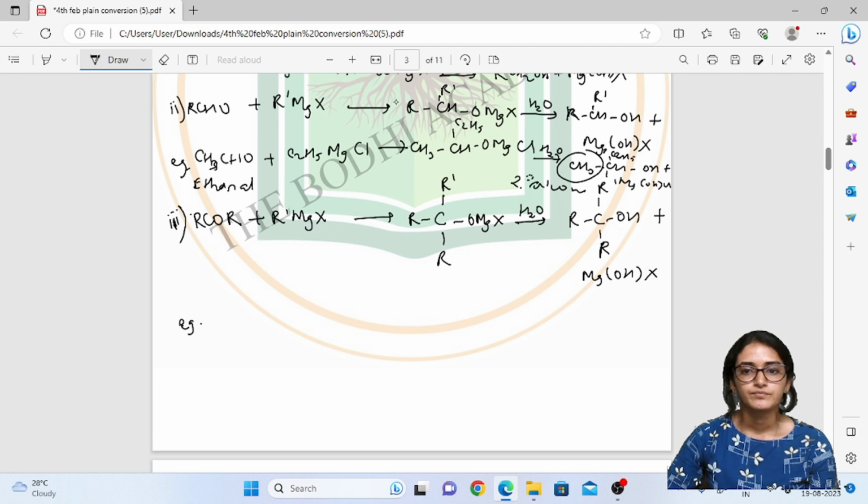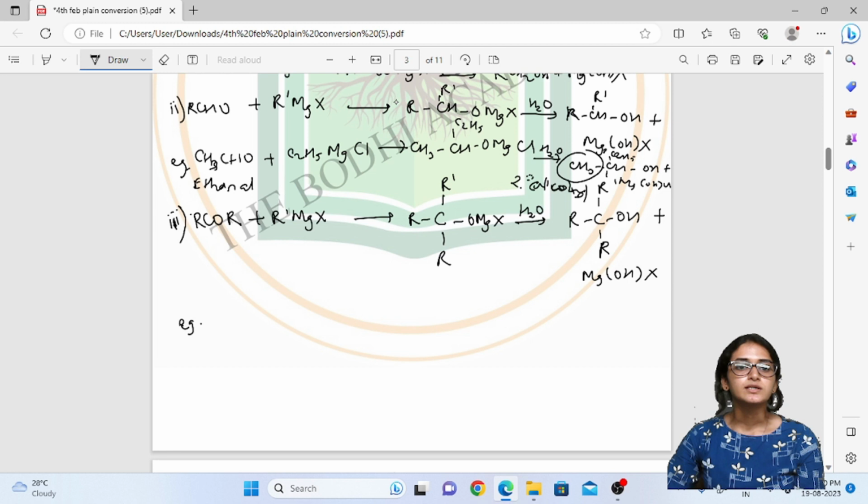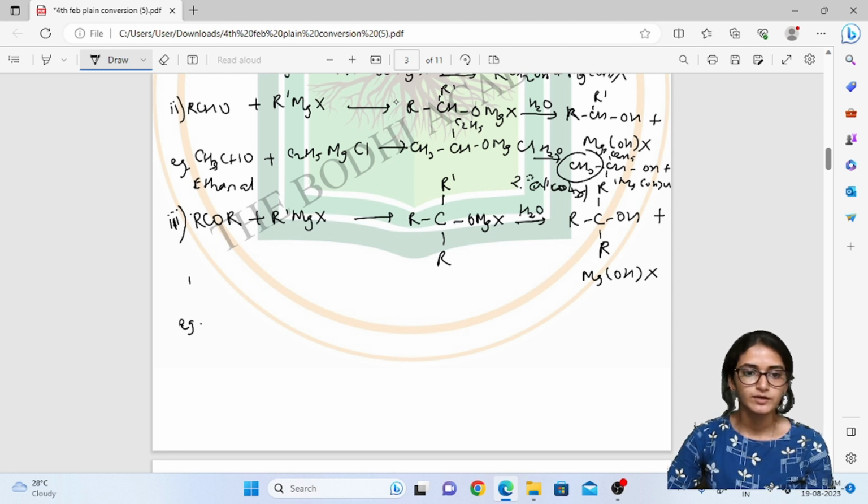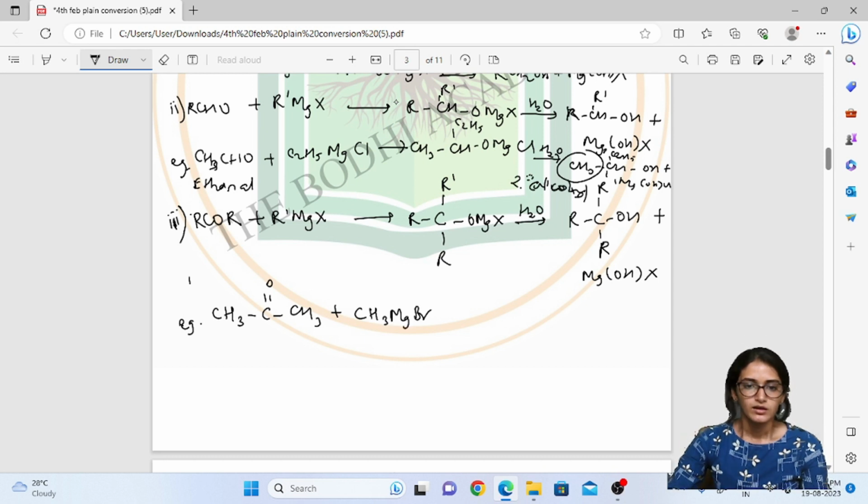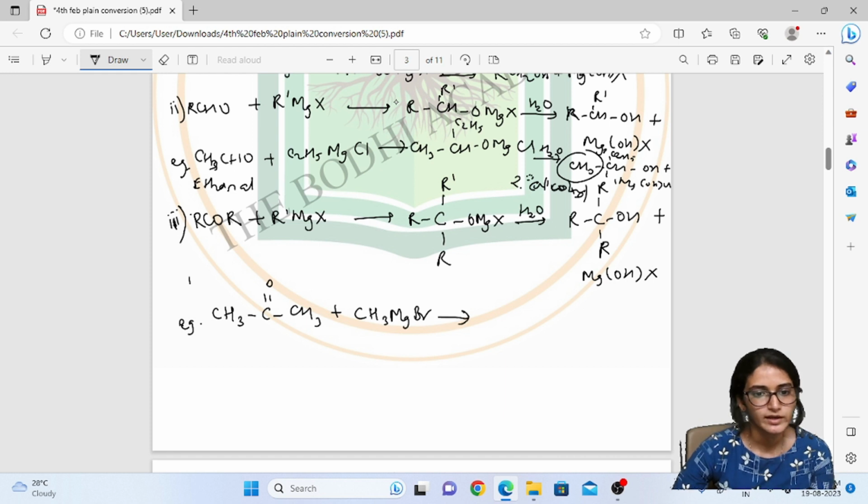But when we use a ketone, that is R C double bond O R, I will take directly an example, CH3 C double bond O CH3, and if I react it with CH3MgBr, suppose, methyl magnesium bromide, then what am I going to get?